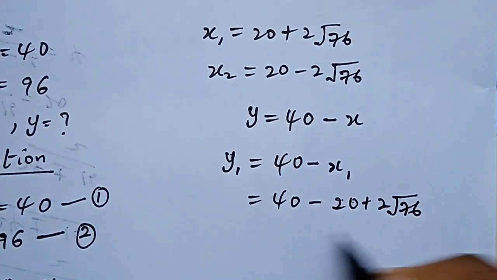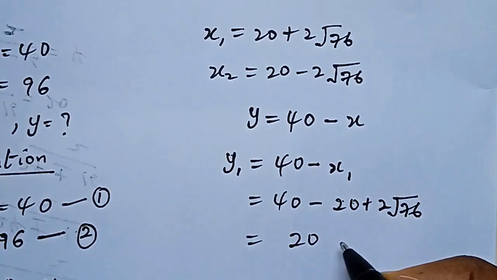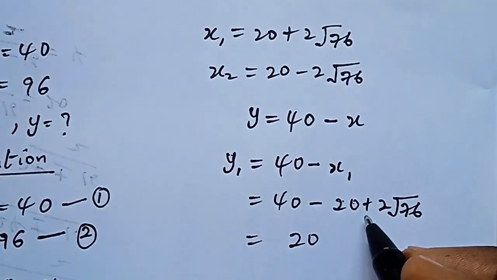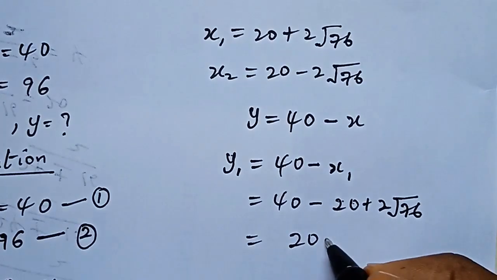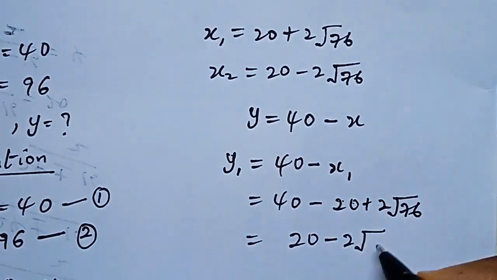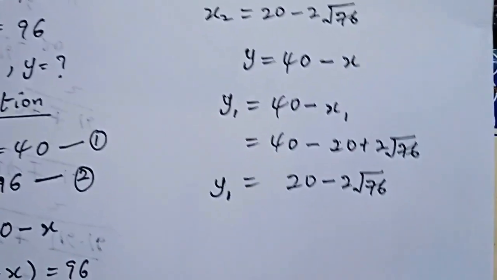If we resolve this, we have 20 minus 2 square root of 76, and that will be y1.